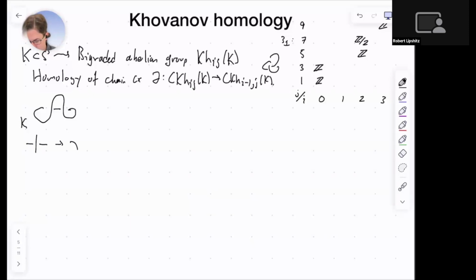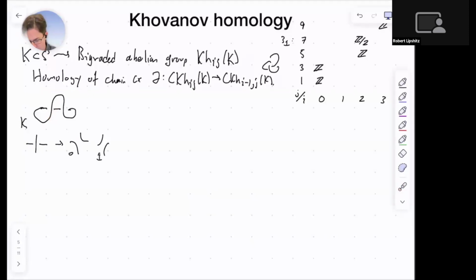When you resolve it, there are two ways you can resolve that crossing. There's a 0 resolution like that and a 1 resolution like that. If you walk along the top strand and turn left to resolve, you get the 0 resolution, or if you walk along the top strand and turn right to resolve, you get the 1 resolution.